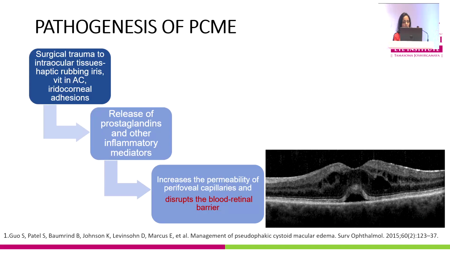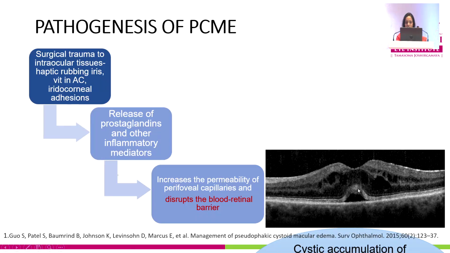We know the pathogenesis since our first year of residency: surgical trauma to the intraocular tissues. It could be during the surgery or post-operatively because of the haptic rubbing the iris, vitreous in the AC, iridocorneal adhesions, causing release of PGs and other inflammatory mediators, which then increases the permeability of perifoveal capillaries and disrupts the outer blood retinal barrier to be specific.